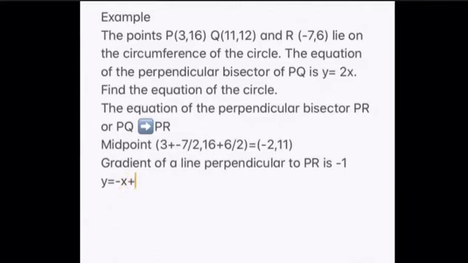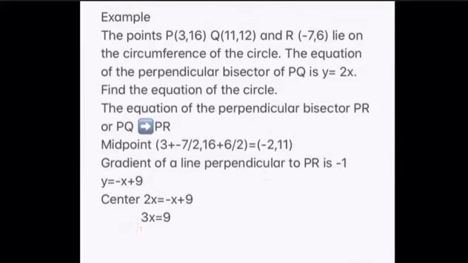Therefore, the equation of the line perpendicular to PR is y equals negative x plus 9. And as we mentioned at the start of this question, we're going to find the center of the circle, which is the point where these two perpendicular bisectors meet. So from the question, the equation of the perpendicular bisector of PQ is y equals 2x, and what we just found, the perpendicular bisector of PR, is y equals negative x plus 9.